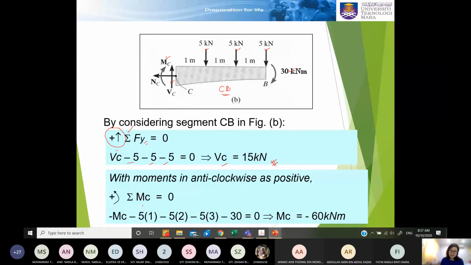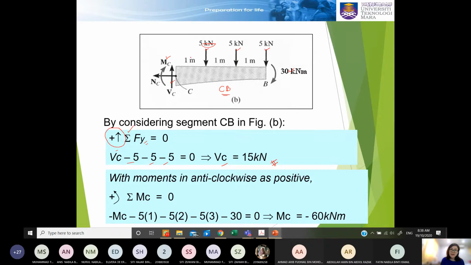If you look at summation moment at C equal to 0, meaning that this VC and NC will be eliminated in this equation. You don't need to care about this. The next will give you a moment from this 5 kilonewton.